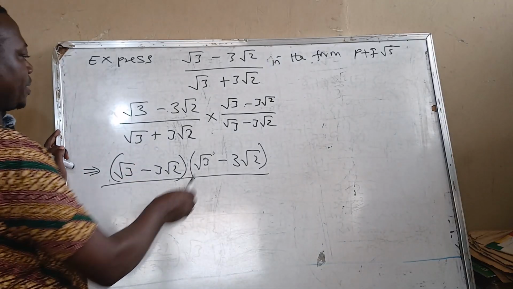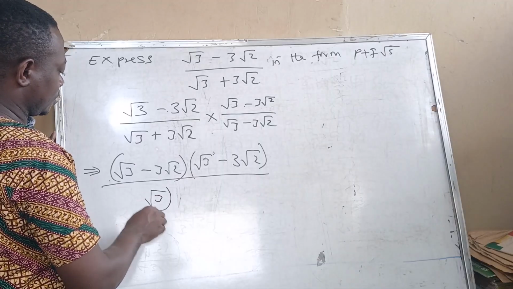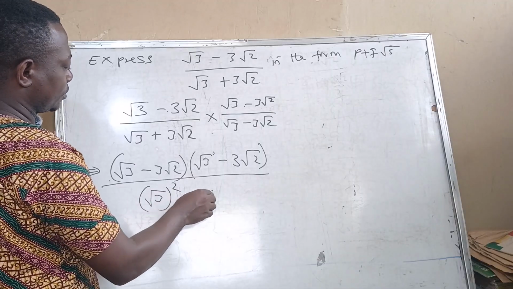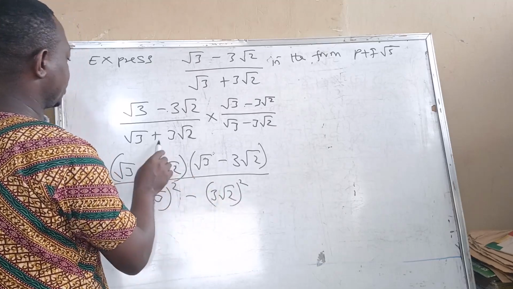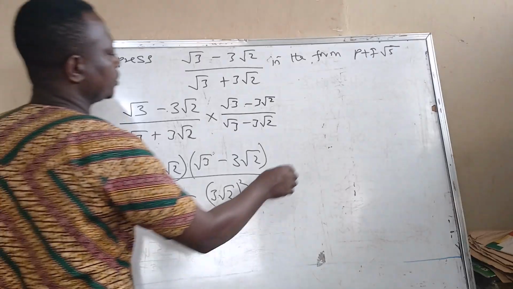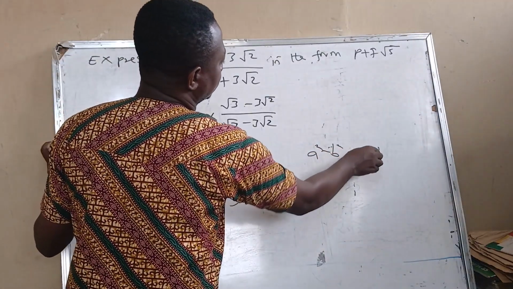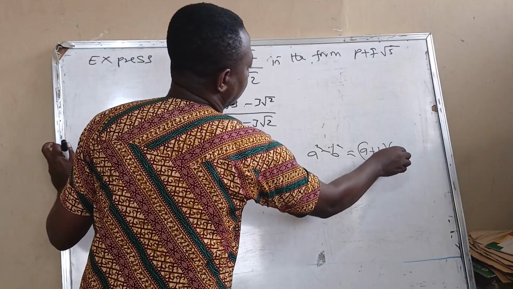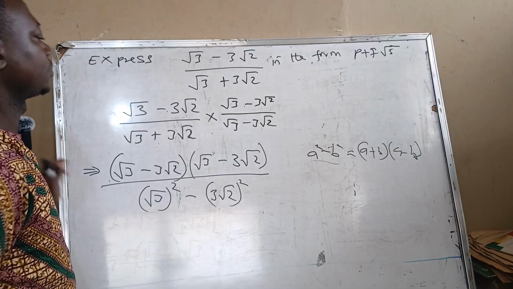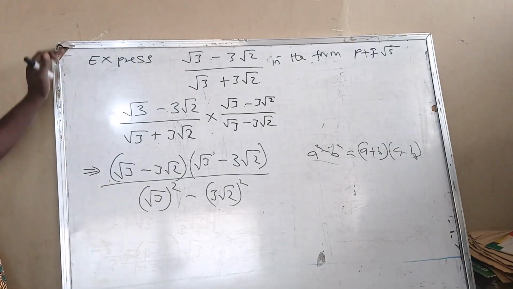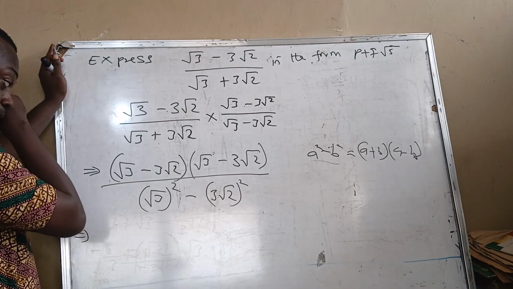So you pick the one with the minus, you square this, minus, then we square the other one as well. Don't pick this one, okay? Because a squared minus b squared is the same as a plus b, a minus b. So check this one. Is this minus that? Okay. So from here, we can deal with this one.